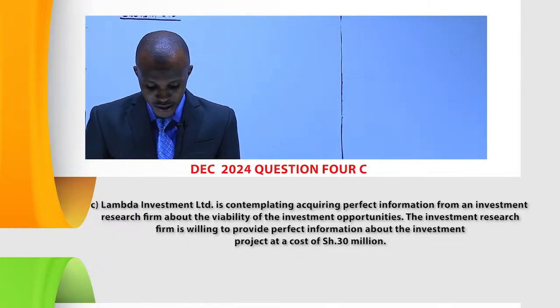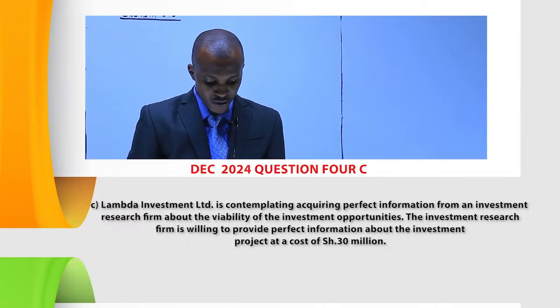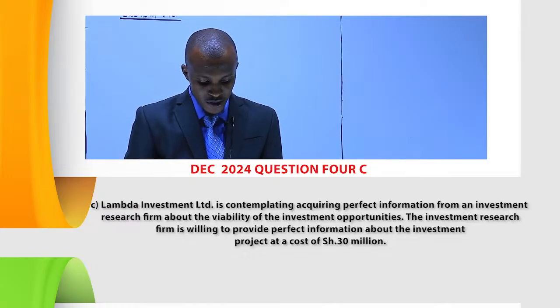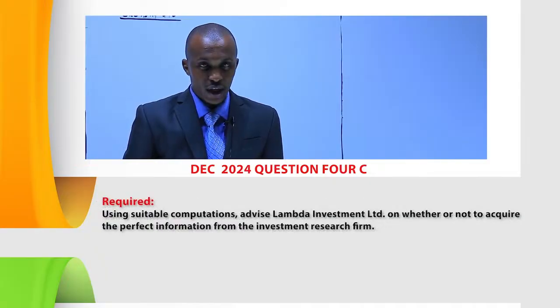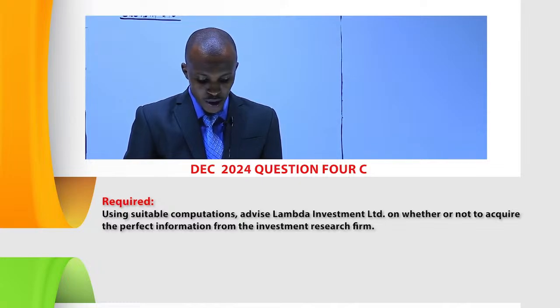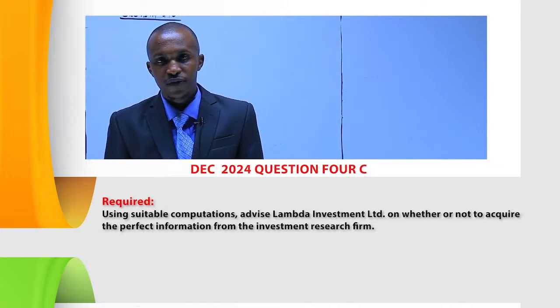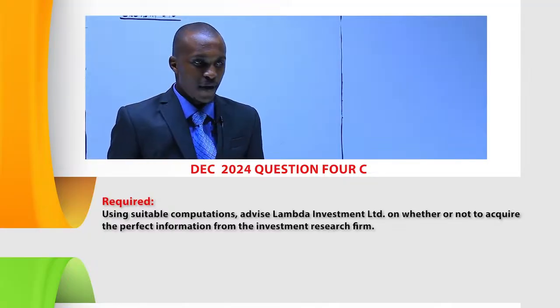The investment research firm is willing to provide perfect information about the investment project at a cost of 30 million. Required: using suitable computations, advise Lambda Investment on whether or not to acquire the perfect information from the investment research firm.